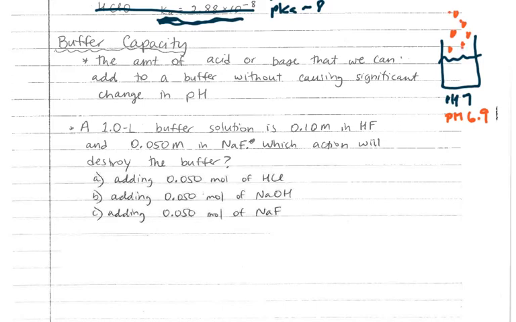So it's the amount of acid or base that we can add to a buffer without causing significant change in pH.